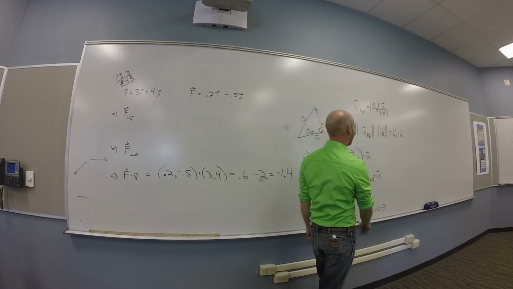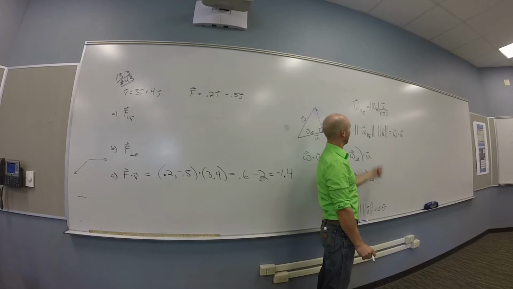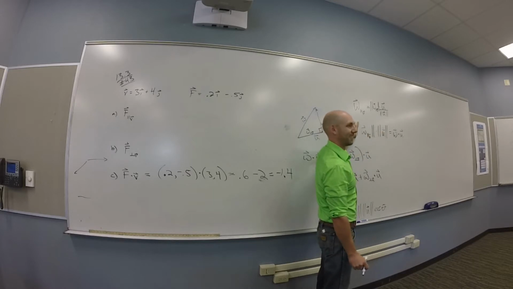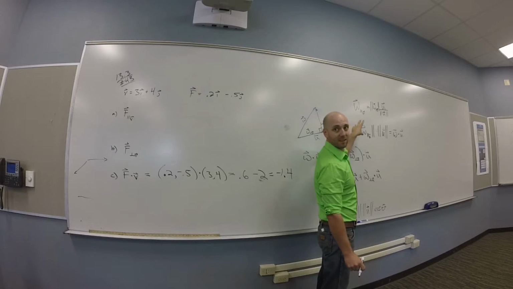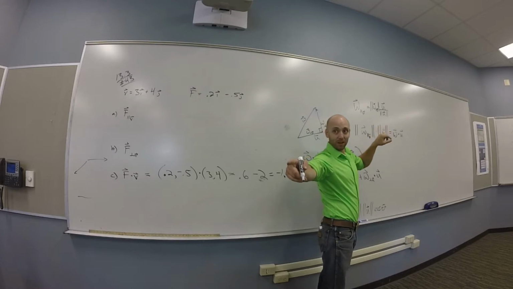Well, I almost know what that is. You guys see it? How do you get it out of this? Divide by what? The magnitude of u, which you are allowed to do because it's a scalar.